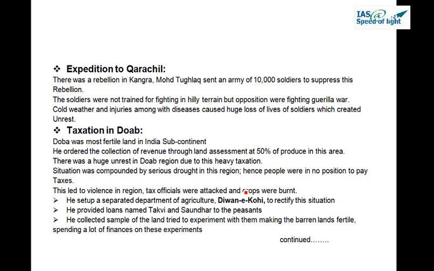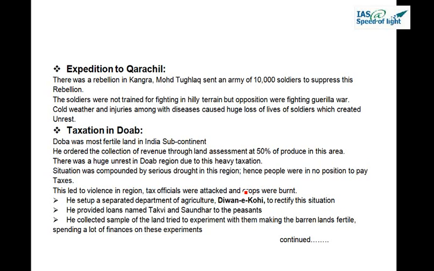The soldiers were not trained for fighting in hilly terrain, while the opposition was good at guerrilla fighting. So cold, injuries and diseases caused a huge loss of life among the soldiers, which created unrest. So we see how his policies led to the suffering of the common people.